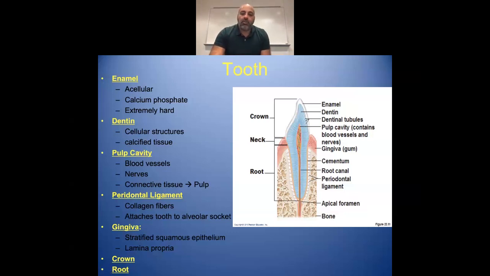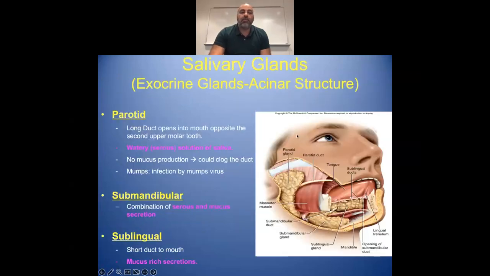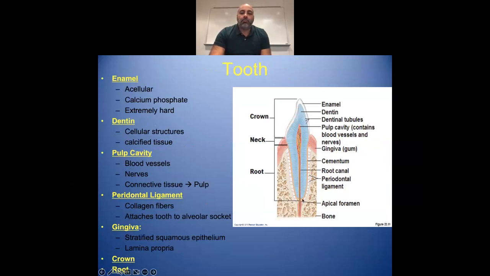Okay, it's mating the two. And then gingiva is the gums. Gingiva has two layers, stratified squamous because of abrasion, and then lamina propria. Crown and root. So crown is everything above the gingiva. Root is everything below. Okay.